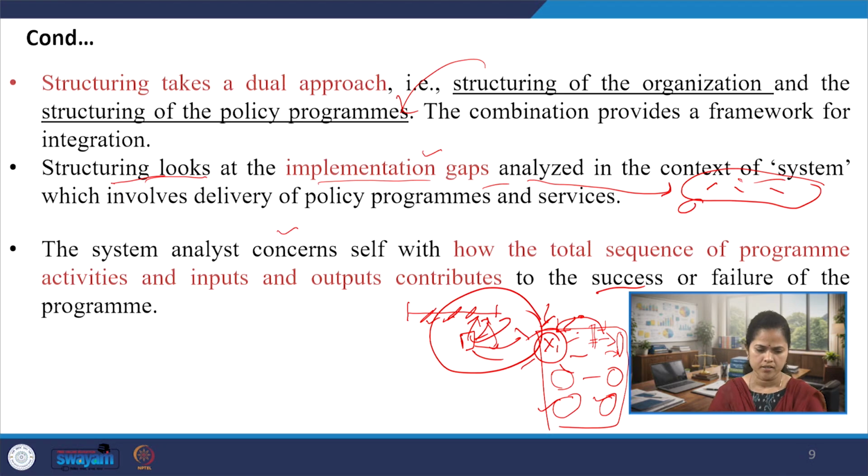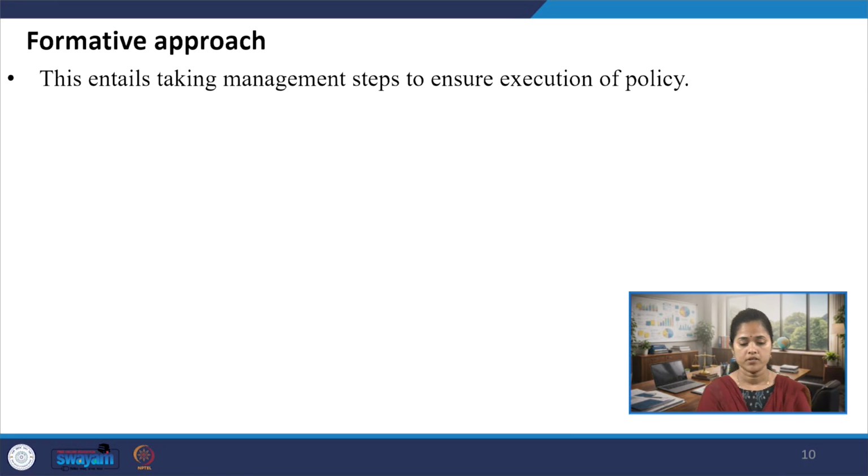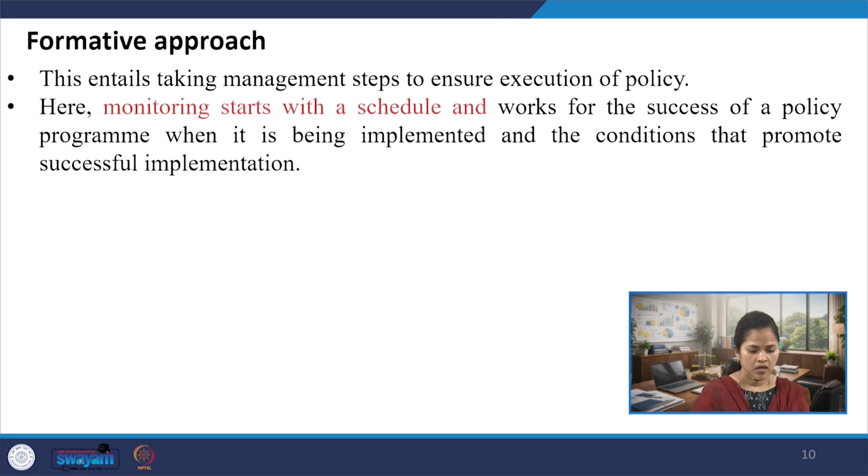now we can move to discuss the formative approach. So what is this formative approach? Again, this formative approach takes into account some management steps so that the execution of the policy can happen. In the formative approach, we start with scheduling of activities and works for the success of a particular policy or program.